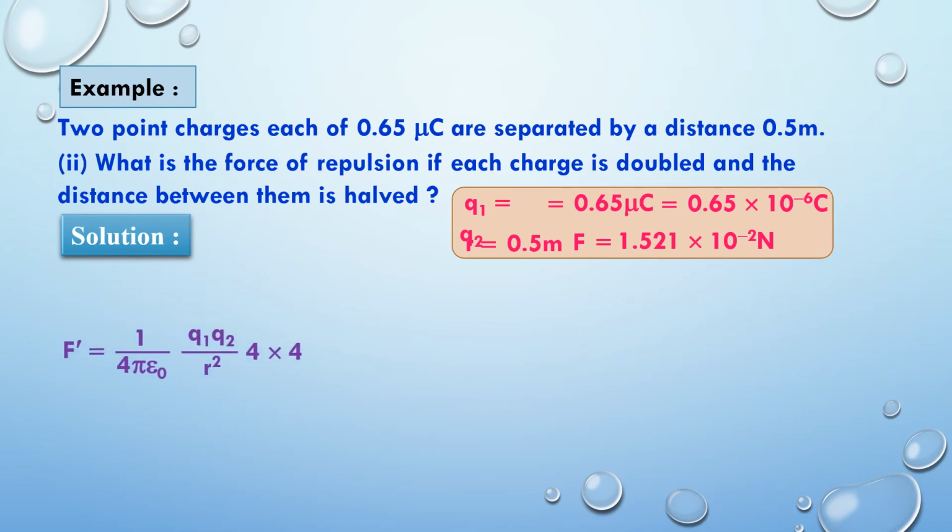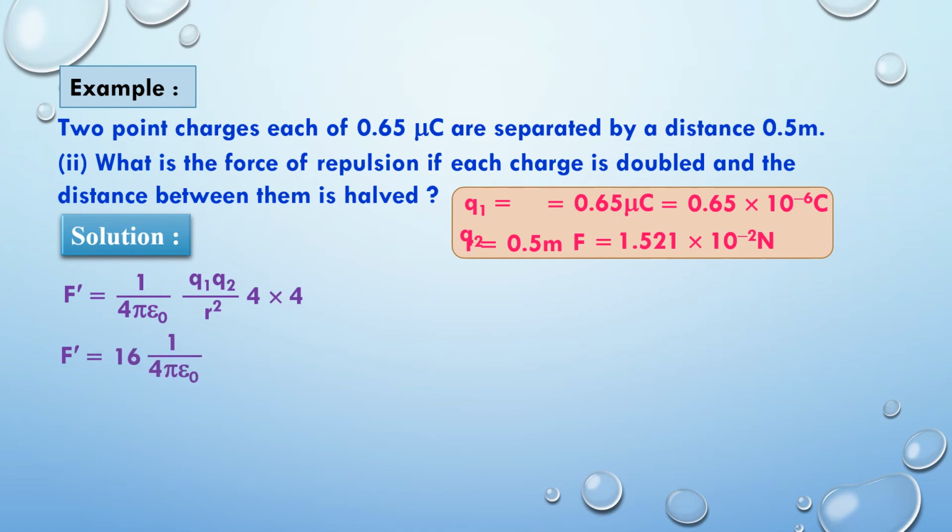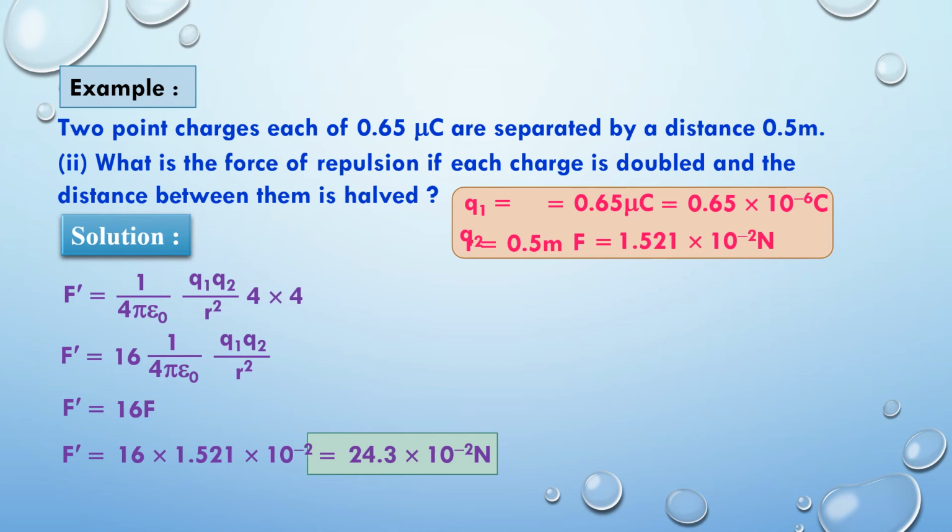So I get F dash is equal to 16 times the original force, or 16 times 1 upon 4 pi epsilon naught Q1 Q2 by R squared. In the previous section we have found the value for force, which is 16 into 1.521 × 10 to the power of minus 2 Newton. So your answer should be 24.3 × 10 to the power of minus 2 Newton. That is the second part of the problem.